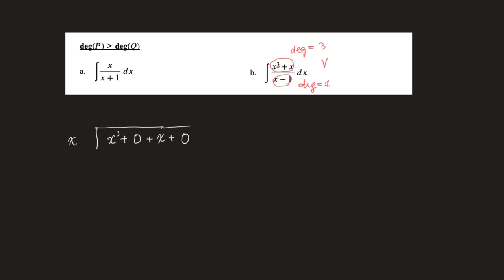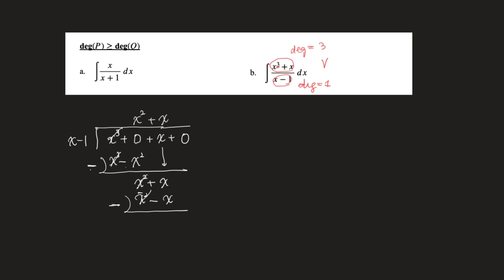Divide by x minus 1. x cubed divided by x is x squared. x cubed minus x squared, subtract, cancel out, 0 minus minus is positive, bring down the x. x squared divided by x gives x. x times x minus 1 is x squared minus x.